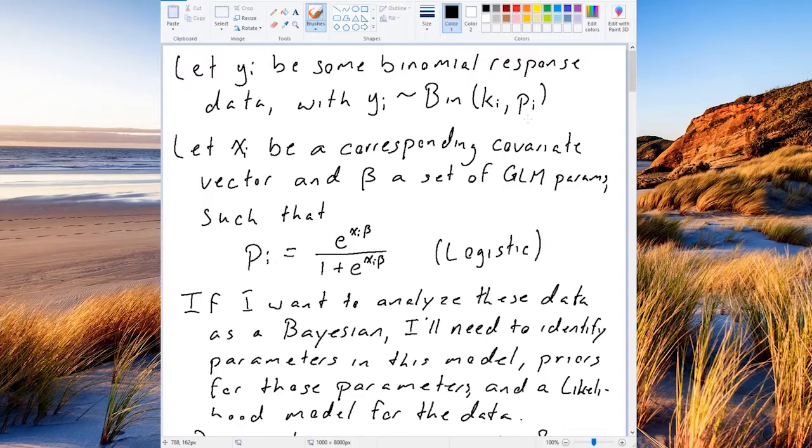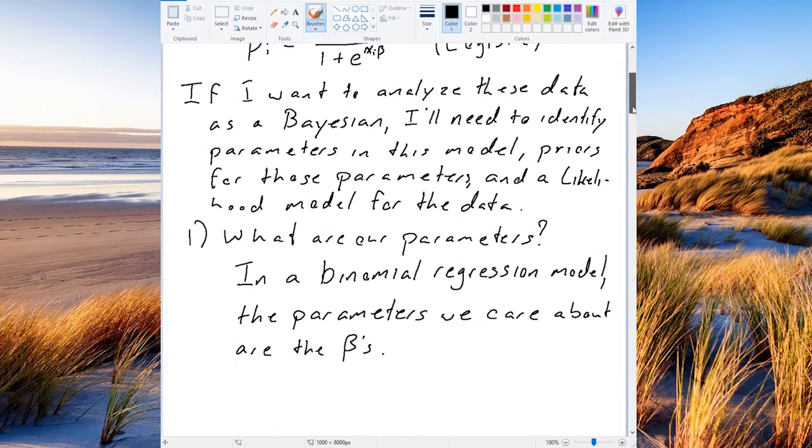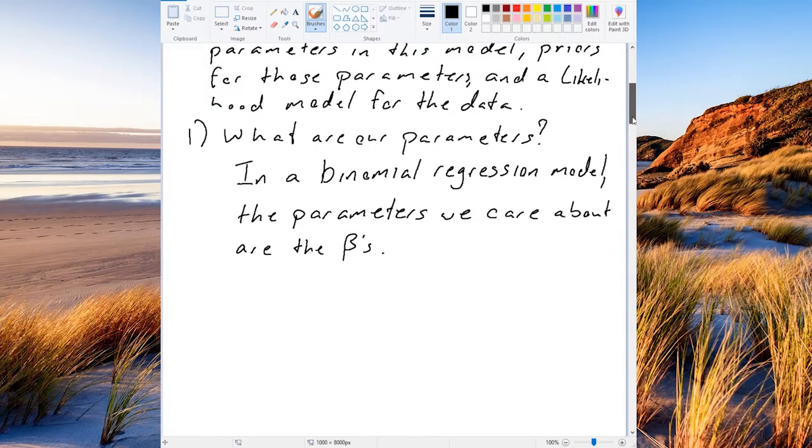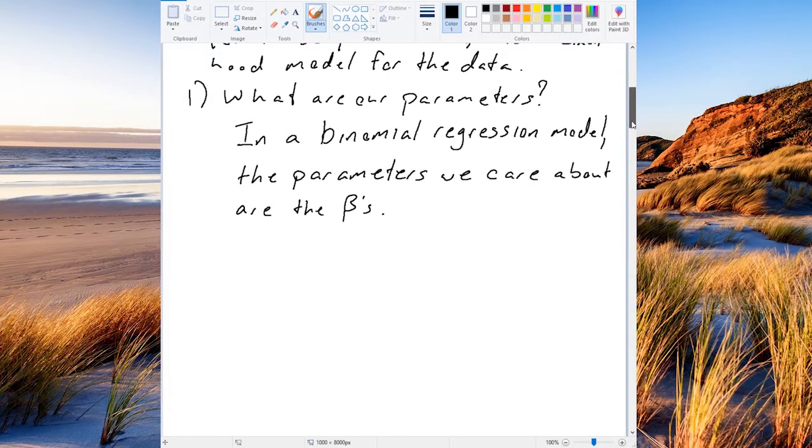And so if I know pi, I know the mean of this distribution, I know the variance of this distribution, I know everything I need to know. So if all I need to know is pi, and I get to see yi and I get to see xi, then that's equivalent to saying all I need to know are the betas. I don't need any dedicated variance terms here to worry about. And so the only parameters I care about in a binomial regression model are going to be the betas. Okay, so what are our parameters? Our parameters are the betas.